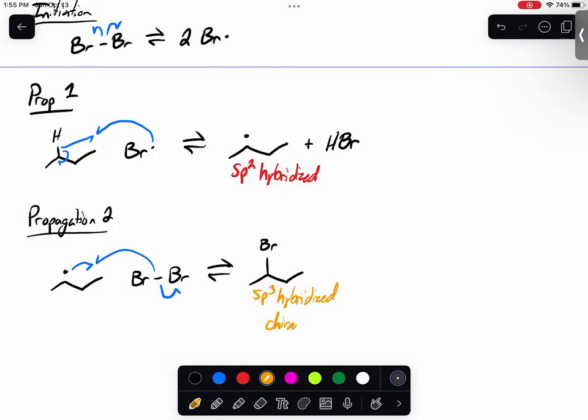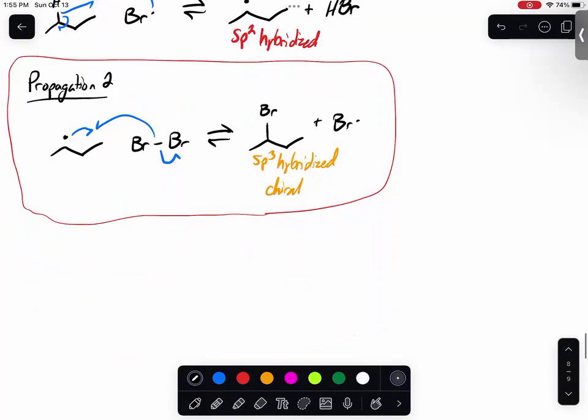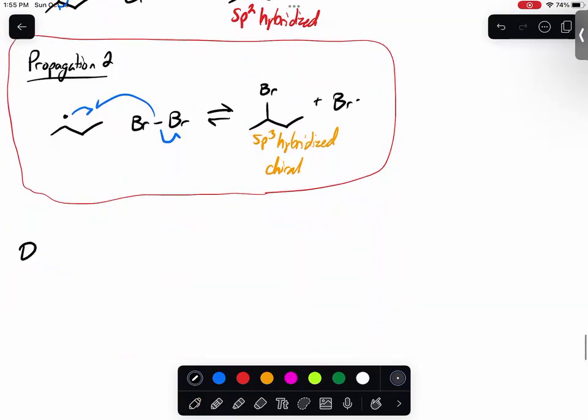So clearly, it is at this point in the reaction mechanism, at propagation 2 or termination, because both of them share the same bond formation, that we are going to see the chirality and the stereochemistry appear. But the question is, which is it? Is it wedged or dashed? And the answer to that is it depends on the side of attack.